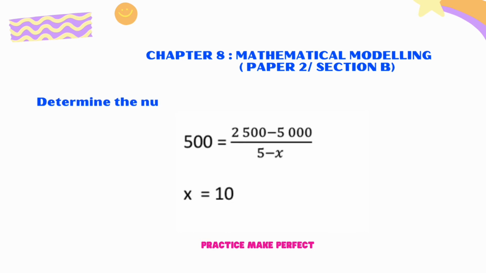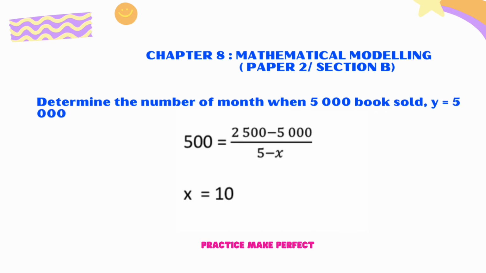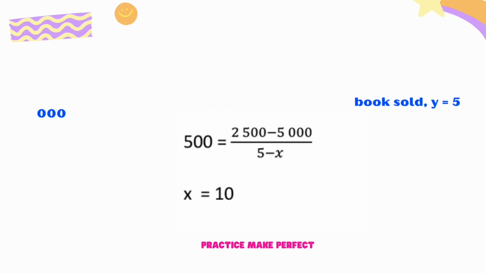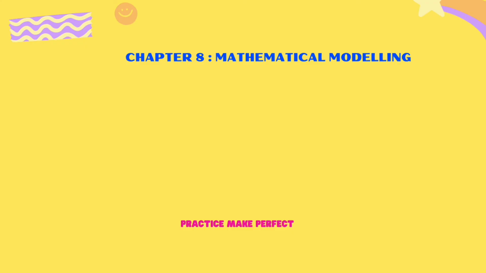So we are using the formula to determine the number of months when 5,000 books are sold. When y is 5,000, x is 10. So we are verifying the mathematical formula by using the concept of the graph.